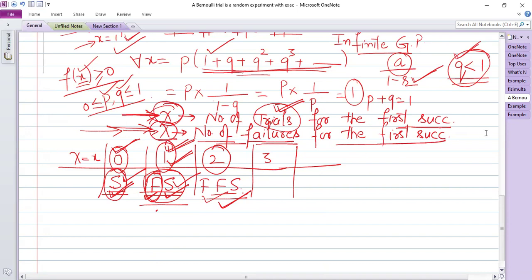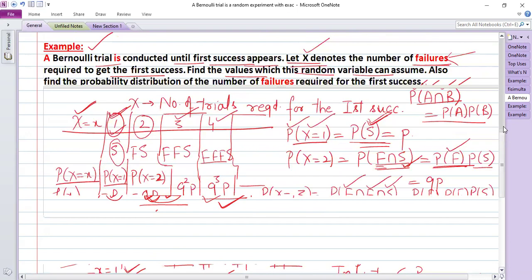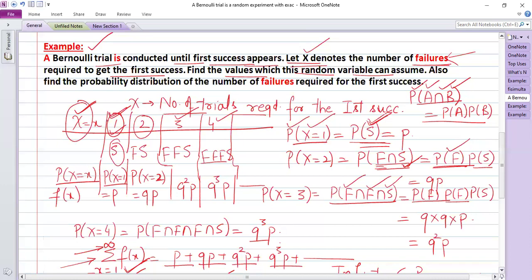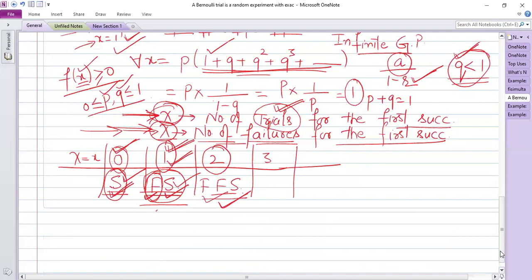You can very well see that the upper x goes 1, then 2, then 3, because that x was the number of trials for the first success. But now this x is the number of failures for the first success. So ultimately the things are almost the same.